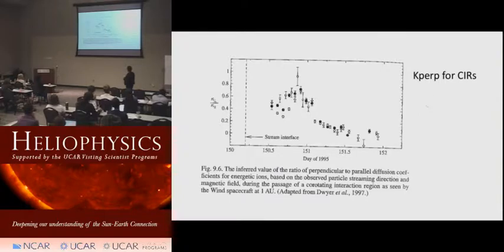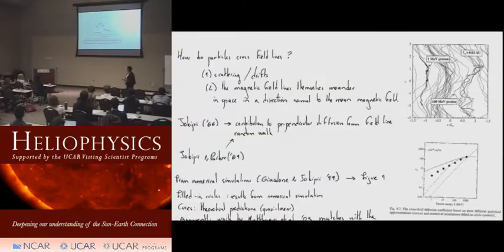And this person here estimated a value that is pretty high, 0.8, for K-perp to K-parallel for CIRs, on the same order. We would think that K-perpendicular is much smaller than K-parallel, but for this it was high. So this is an open field. This is just to give you a feeling that when you do codes, for example, that put transport of particles, what you put as K-perp versus K-parallel is a free parameter, okay?